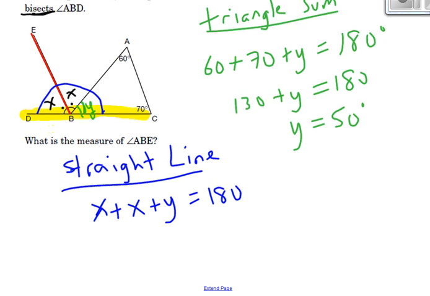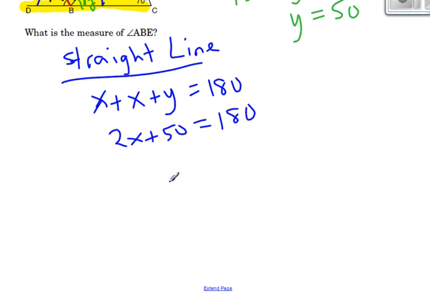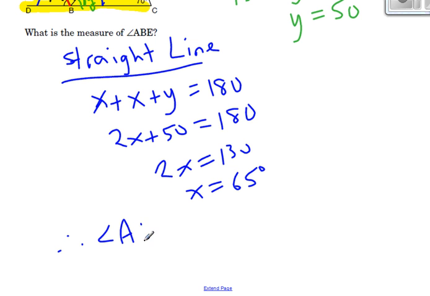Now I already know that Y is 50. So 2X plus 50 equals 180, and now I can solve for X. 2X equals 130, so X equals 65 degrees. That's what I was looking for, so angle ABE equals 65 degrees.